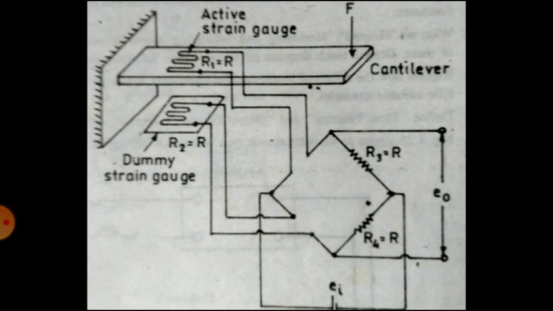The temperature is an interfering input, and there is an output due to change in ambient temperature, even though there is no input strain. So even when strain is not applied, due to the change in ambient temperature there is a change in resistance in the active strain gauge.